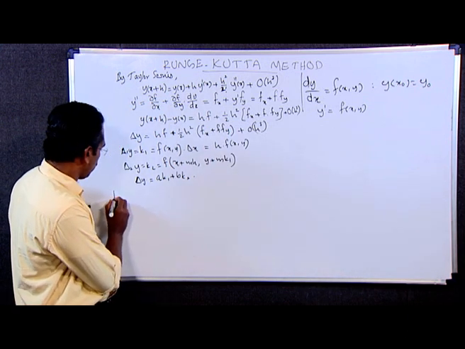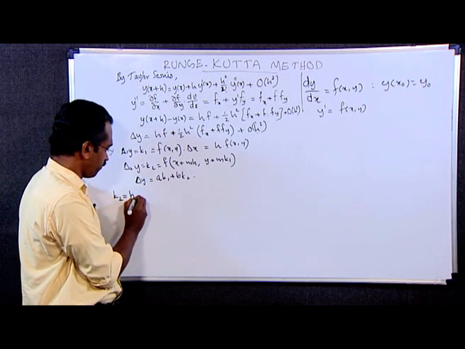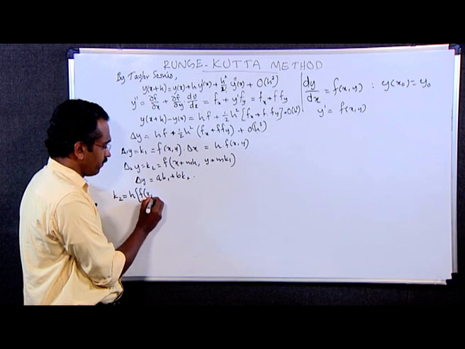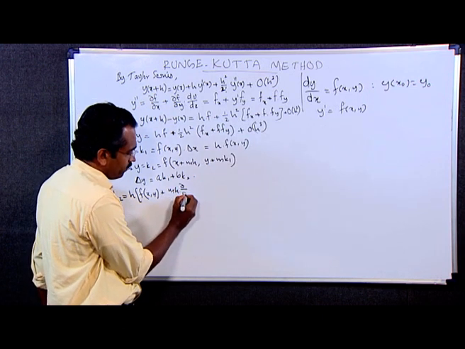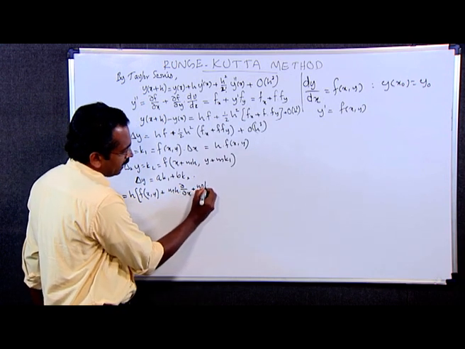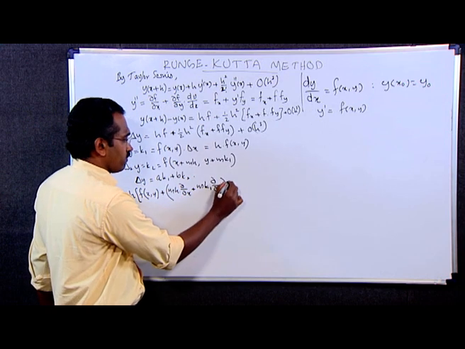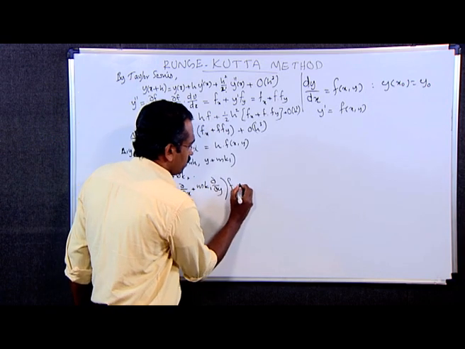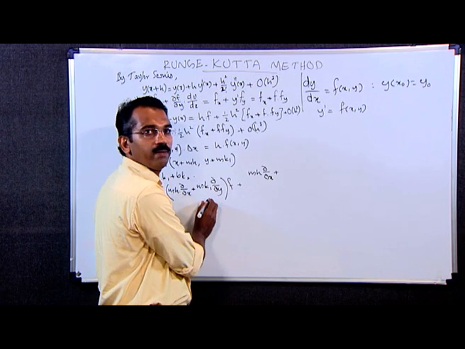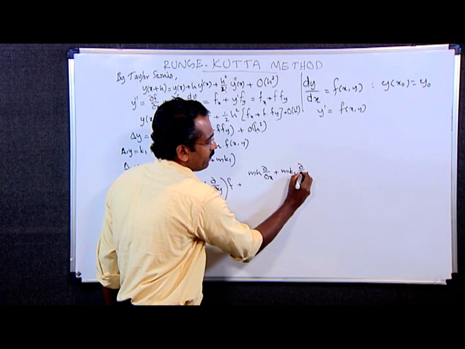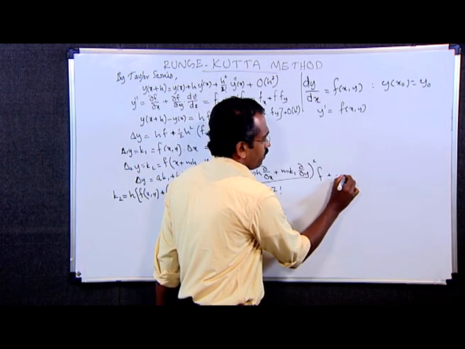We have k2 is equal to f of x plus mh comma y plus m k1, which is equal to h into f of x comma y plus m into h into dou by dou x plus m into k1 into dou by dou y, this into f of x y, plus m into h into dou by dou x plus m into k1 into dou by dou y, the whole square divided by 2 factorial into f of x y plus etc.